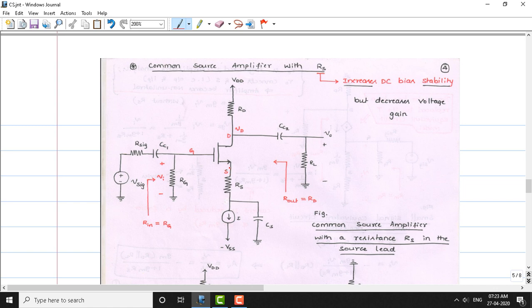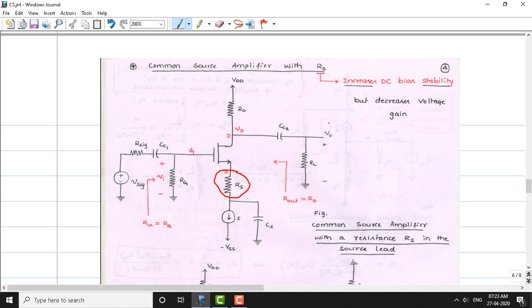The source terminal was connected to the constant current source, and the drain was connected to the supply. Now we have added an intermediate resistance, Rs. We will see in what way adding this resistance improves the performance of the circuit. The rest of the elements of the circuit remain the same; the only addition is the resistance Rs.